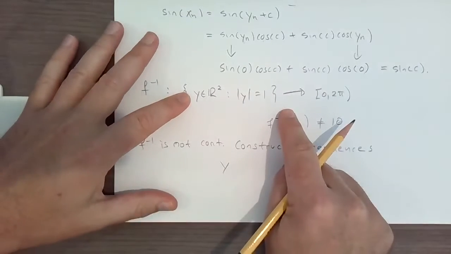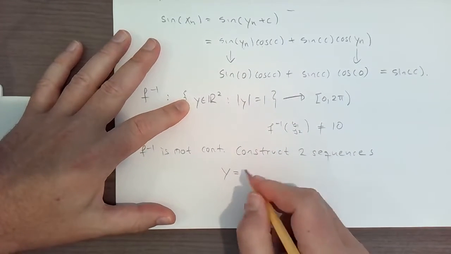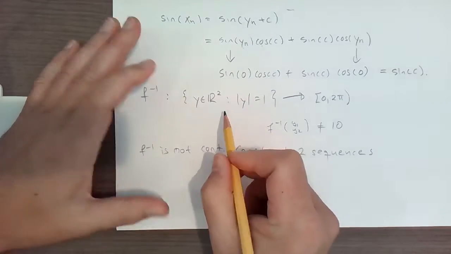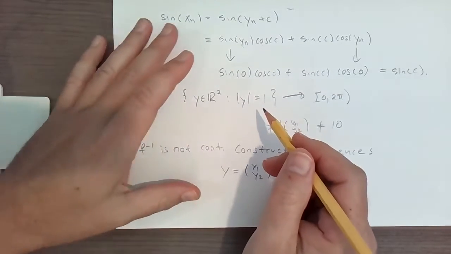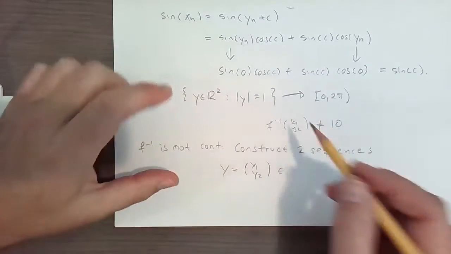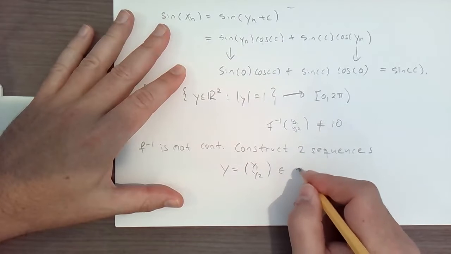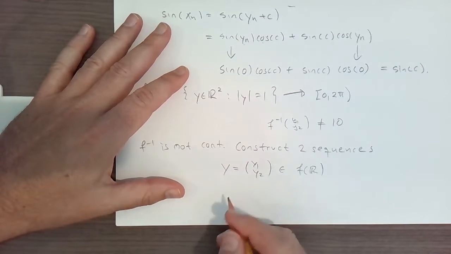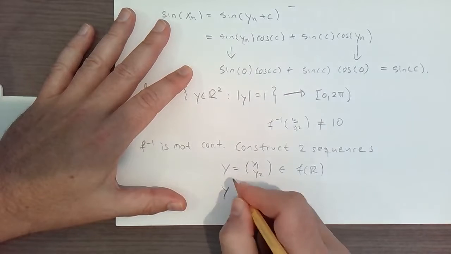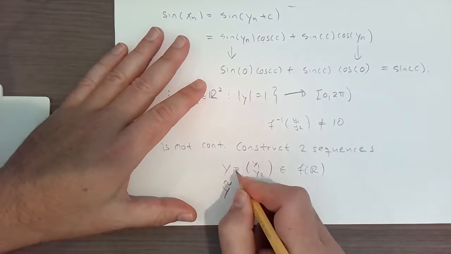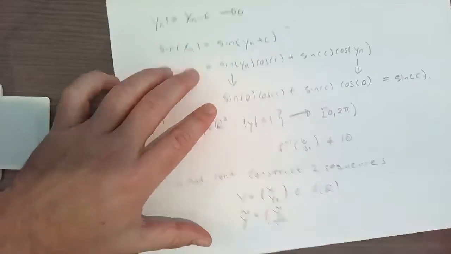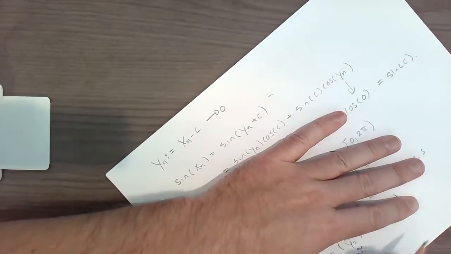The sequence is inside the domain, so y is equal to y1, y2, which is going to be in the range, f of R. And the other one, maybe call it y tilde, so there are going to be two components again, y tilde 1, y tilde 2.